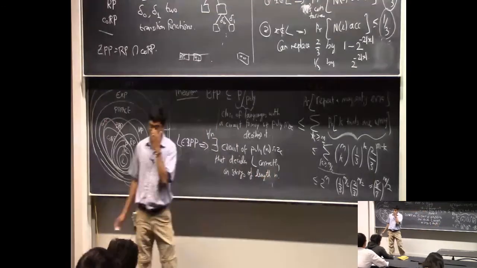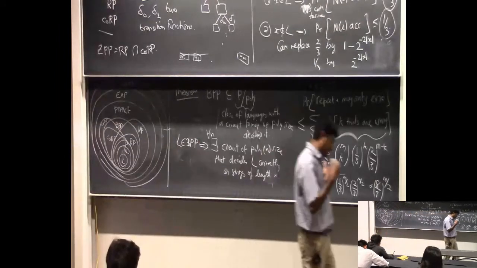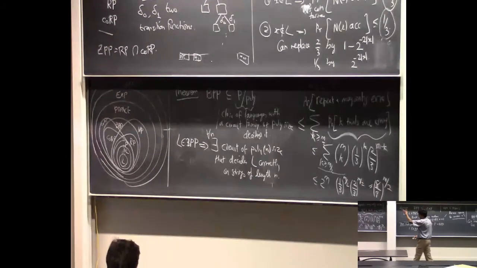So for each n you have a different circuit. So at least in this sense, if you think polynomial circuits are not so crazy, it at least has small circuit complexity.